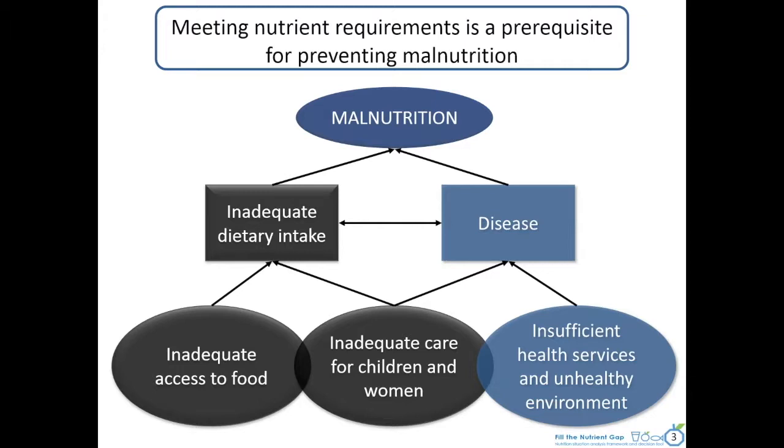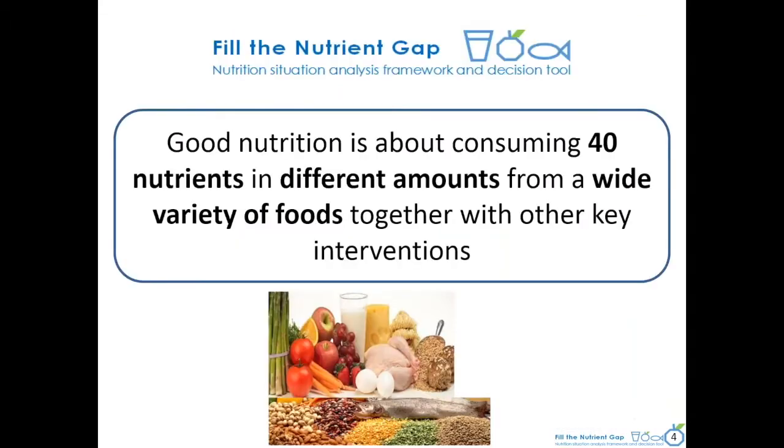Understanding what type of barriers are affecting dietary intake, access to food and nutritious foods, and also nutrition practices for different target groups and for vulnerable groups is essential to coming up with that set of solutions that are adequate to the context.